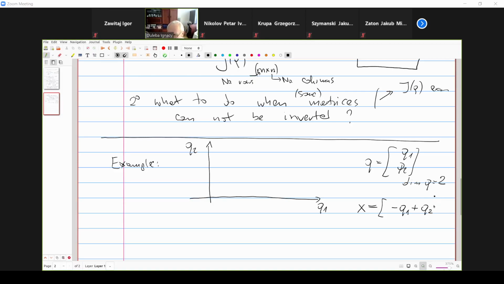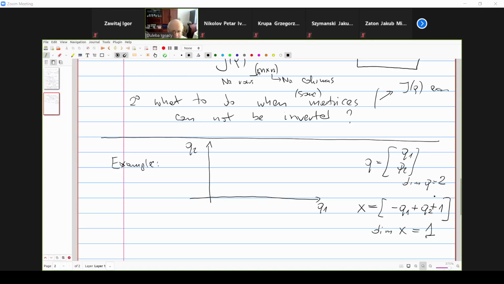Oh, plus 1. Okay. So we have a form. So the dimensionality of x is equal to 1.